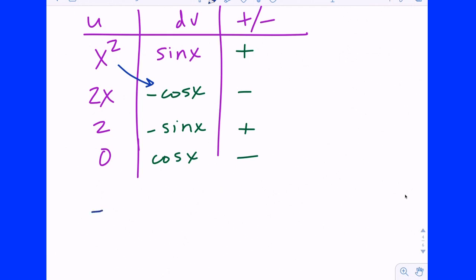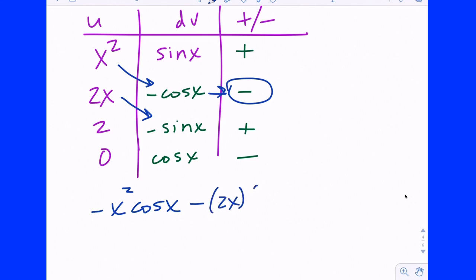So it's going to be a negative x squared cosine of x. And then you go across and you pick up the next sign, which is minus. And then you do it again. You go down the next diagonal, which is going to be a 2x times the negative sine of x. And then you go across and you pick up your next sign, which is plus.